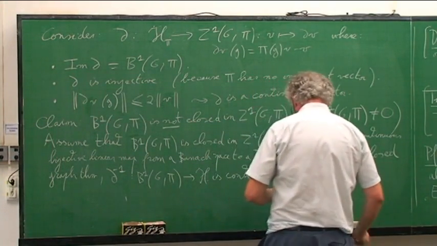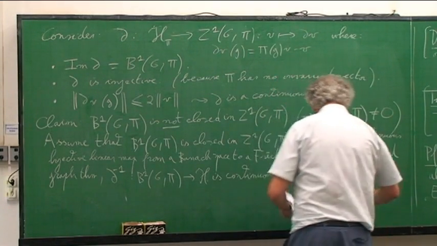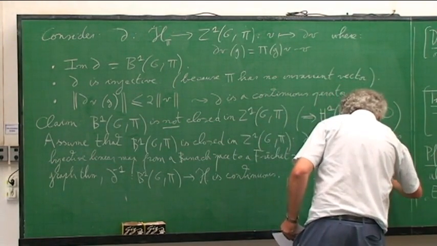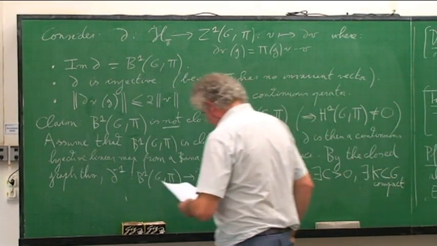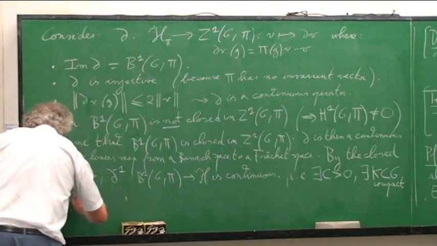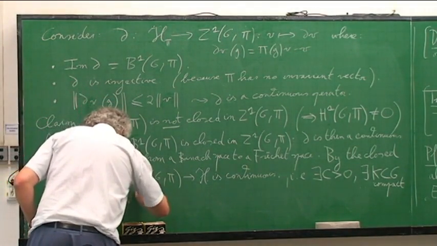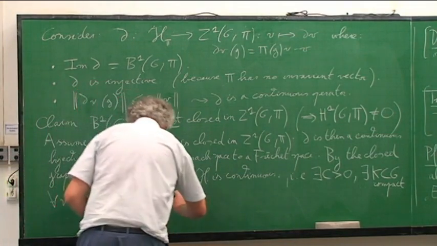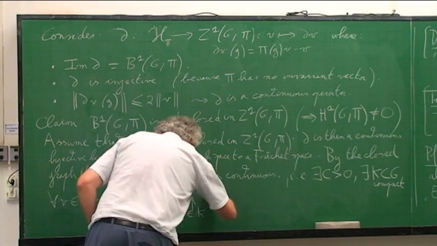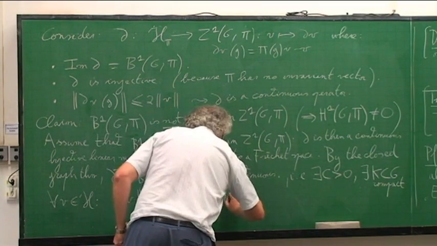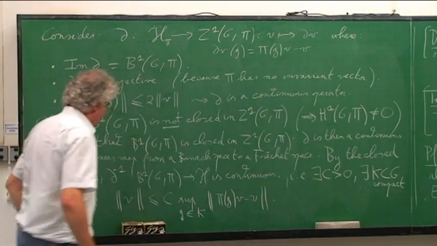There exists some constant C and some compact set K in G such that for every vector v, the norm of v is less than C times the supremum over g in K of the norm of π(g)v minus v.